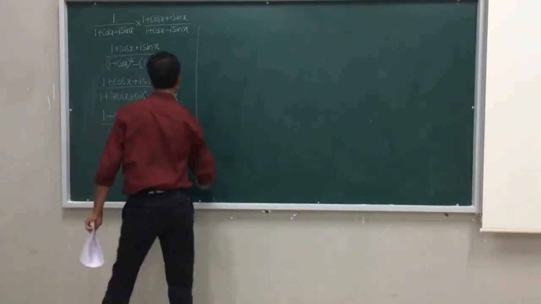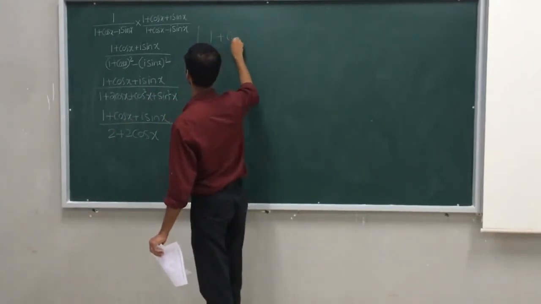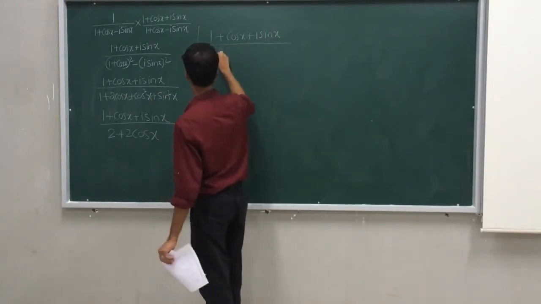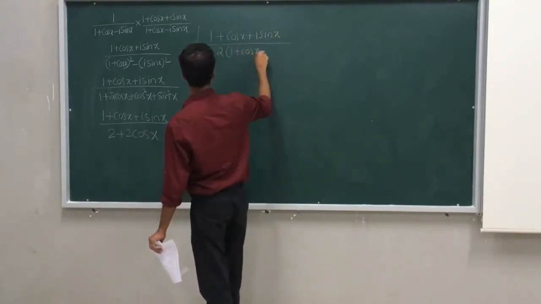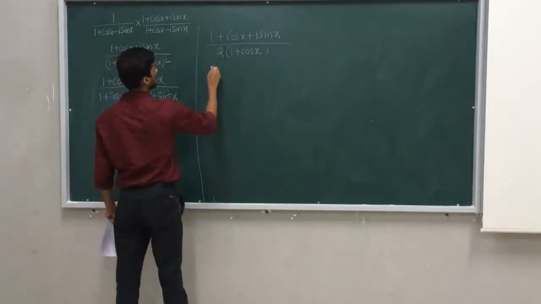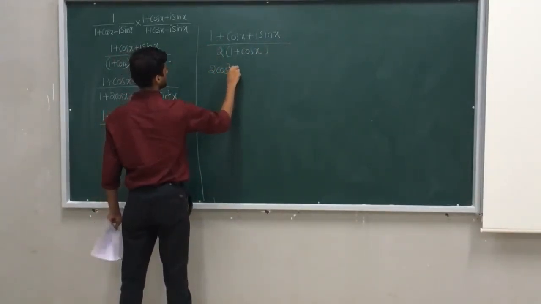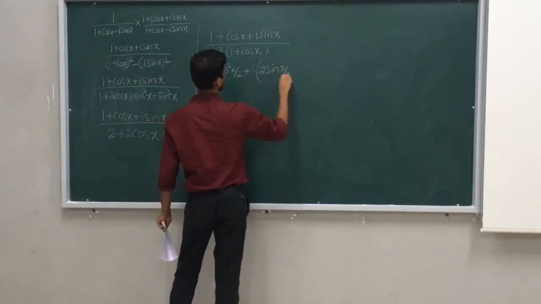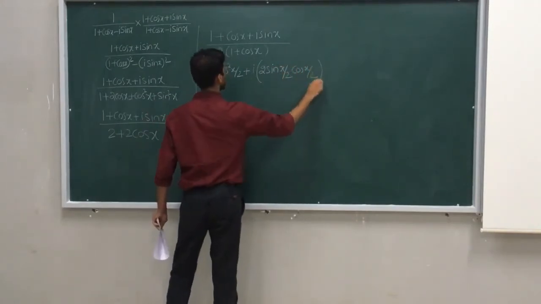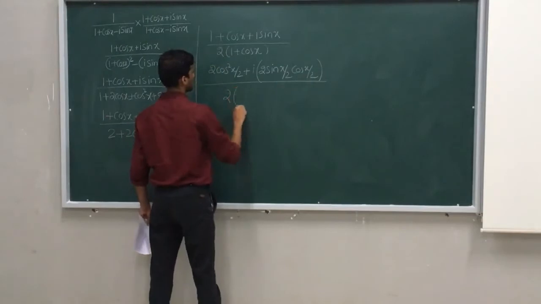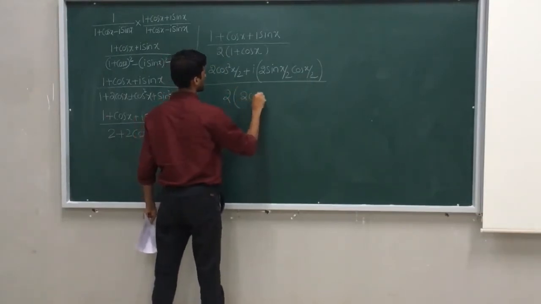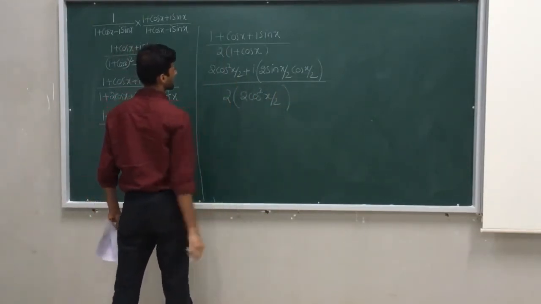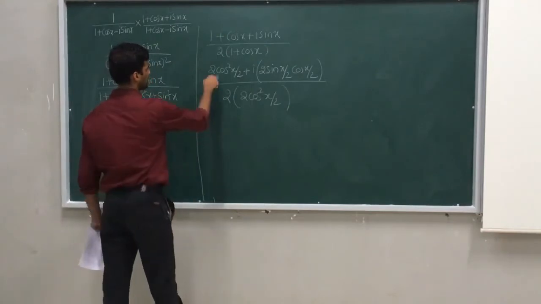So I can write this as 1 plus cos x plus i sin x divided by, I can take 2 common out, 1 plus cos x. Now I can write 1 plus cos x as 2 cos square x by 2. And sin x can be written as 2 sin x by 2 cos x by 2, right? This is the trigonometric formula. Now in the numerator 2 is common. This 2 will cancel with the denominator.